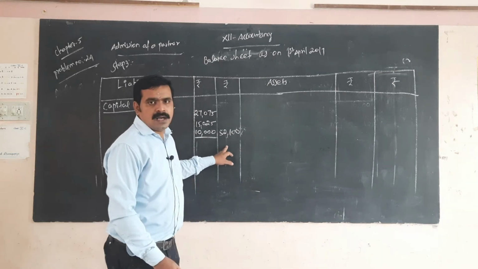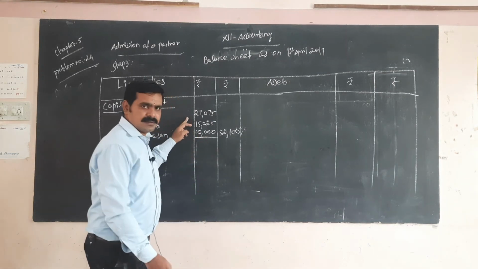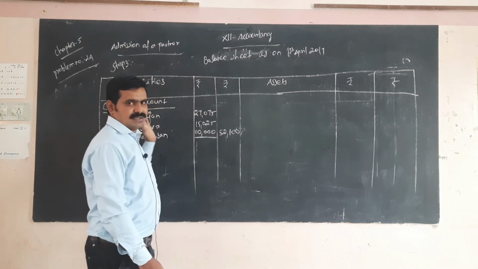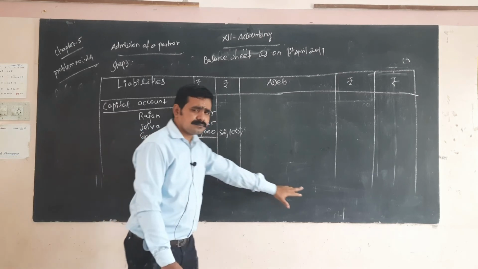This is the capital amount: 27,075, 15,025, 10,000, for Rajan, Selva, Ganesh. This is a balancing.